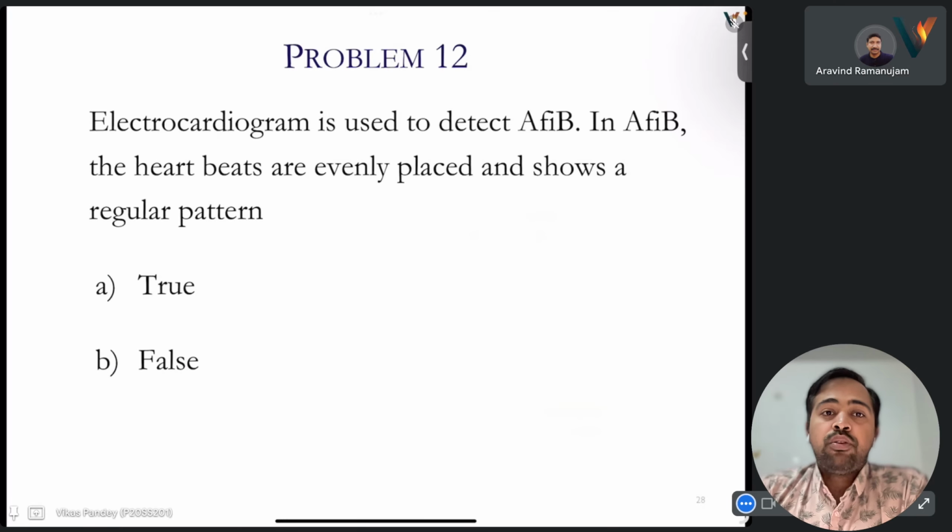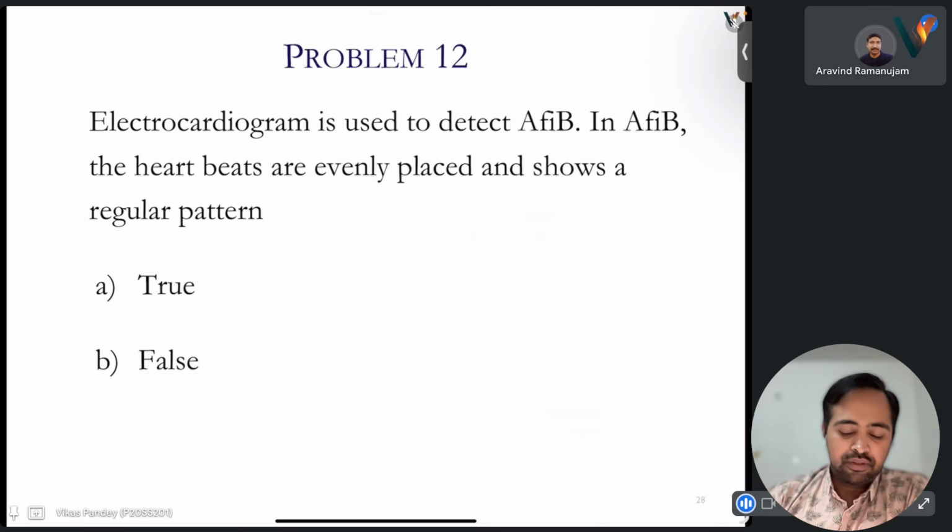Okay. Electrocardiogram is used to detect AFib. In AFib, the heartbeats are evenly placed and show a regular pattern. Is it true or false? I think we have already answered this. Yes, sir. False, sir.